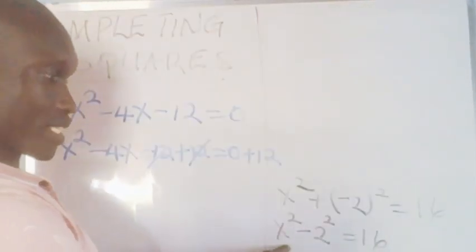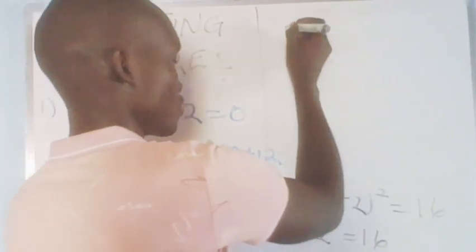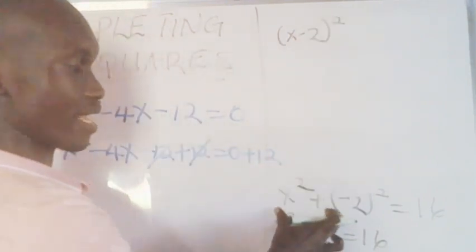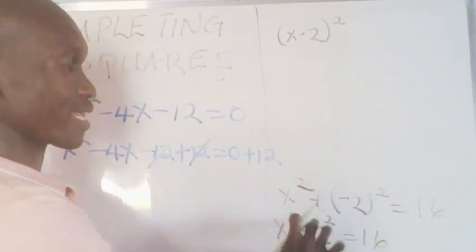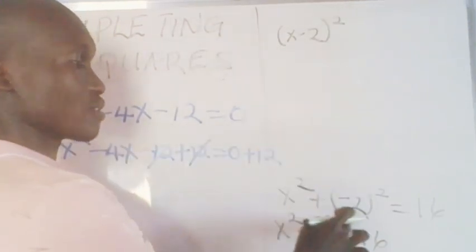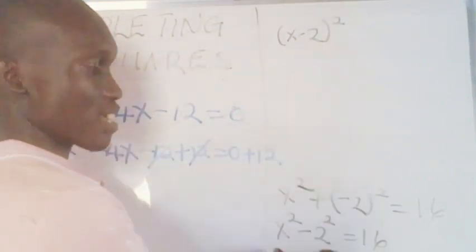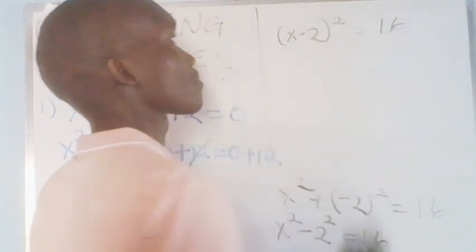Okay, now in this case, these numbers are the same, they have the same sign. So we are simply going to have x minus 2, the whole of this, squared. We put the whole of this in brackets, and then we put the square just once outside like that, equals 16.